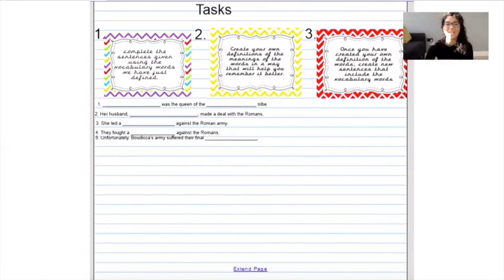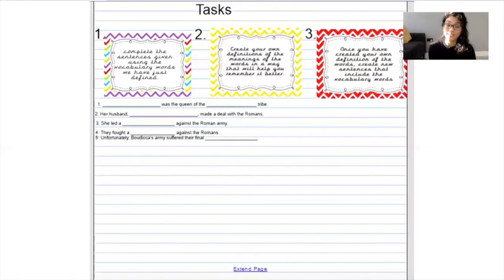Number 3, she led a blank against the Roman army. Number 4, they fought a blank against the Romans. And number 5, unfortunately, Boudica's army suffered their final blank. So using the keywords that we have just gone through, doing my turn, your turn, you are going to complete those sentences that I have just read out for you. There are 5 sentences in total.